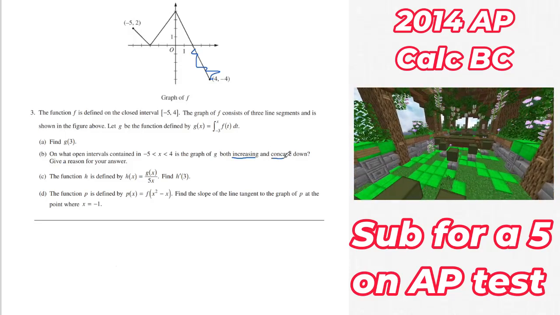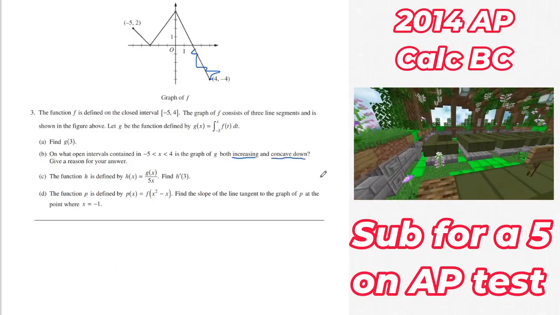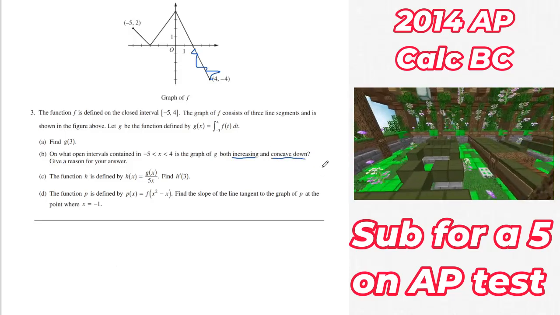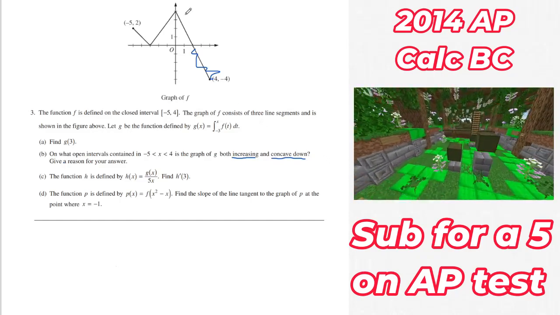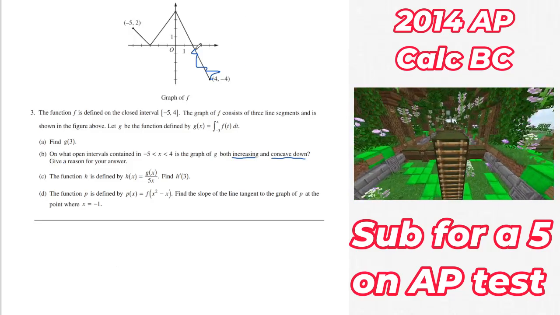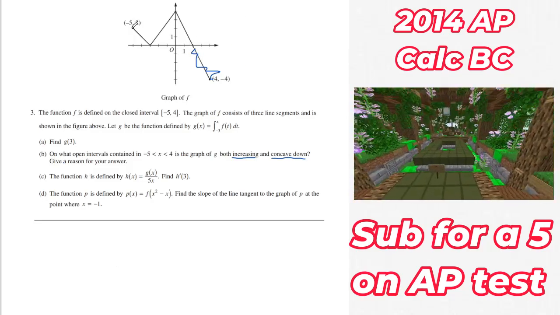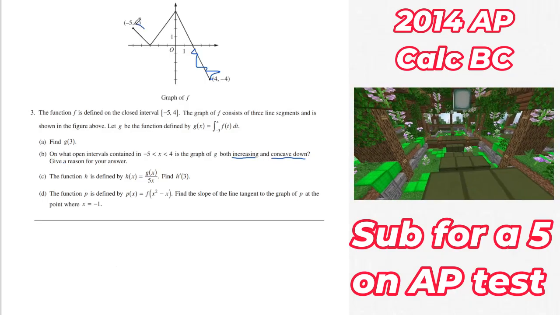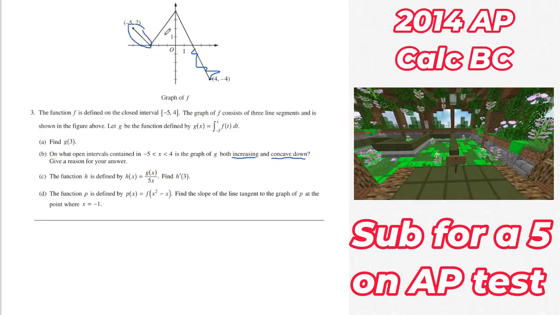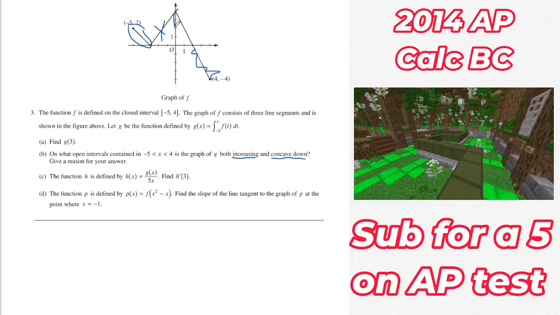Now concave down. So how do we determine if something is going to be concave down? Its double derivative is going to be decreasing, which means that we're now looking at the derivative of this graph, basically. And this is increasing, this is decreasing, this is decreasing. We're only looking for when it's going to be decreasing like this, and not that. Looking for these two sections.